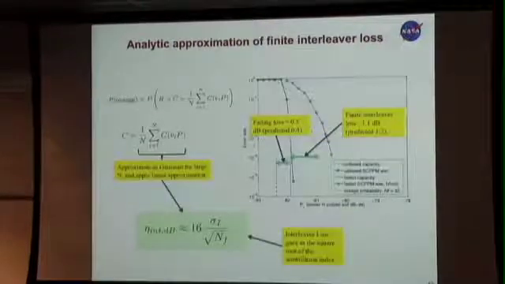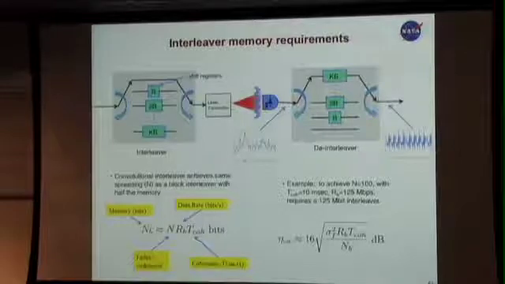The finite interleaver loss for a given size of interleaver goes as the square root of the scintillation index, just sigma. And the other thing that's important and that precludes this as a solution for a lot of really high data rate applications is: how much memory do you need for this interleaver?